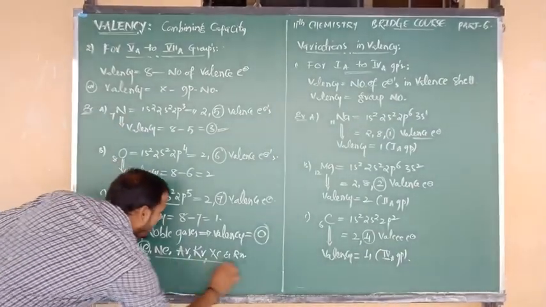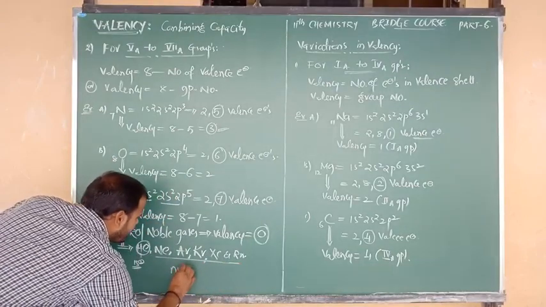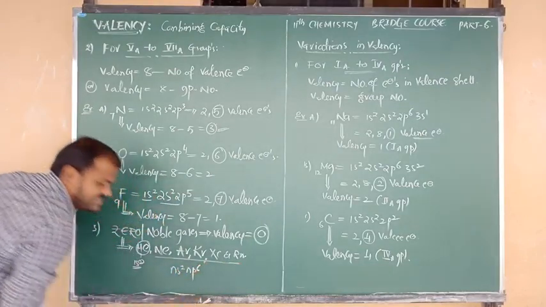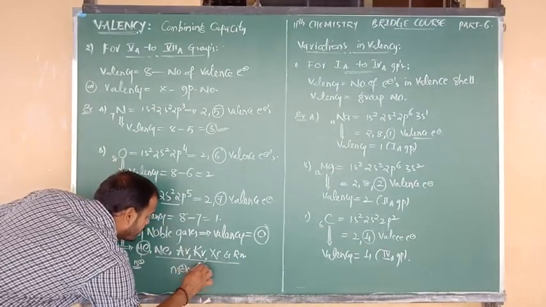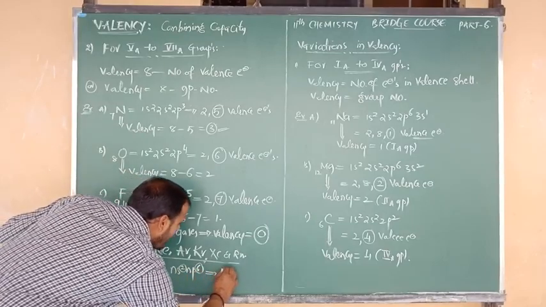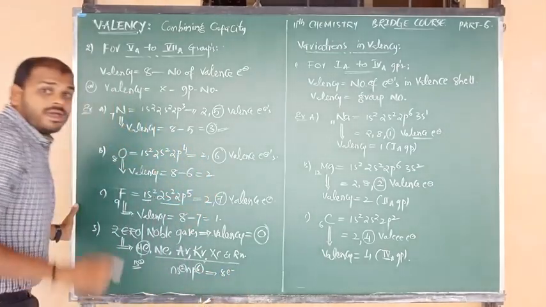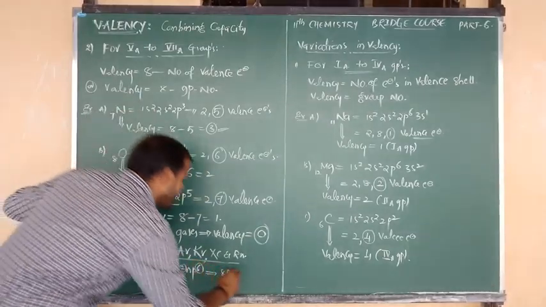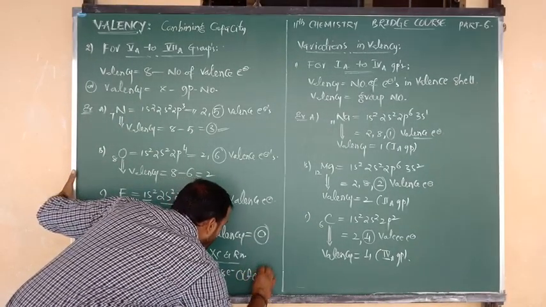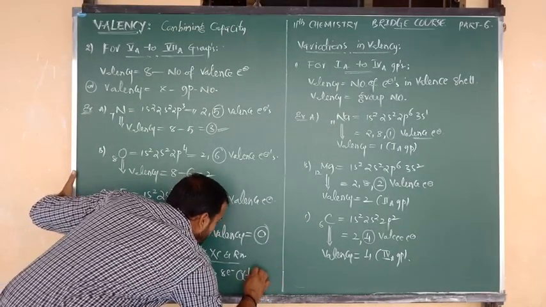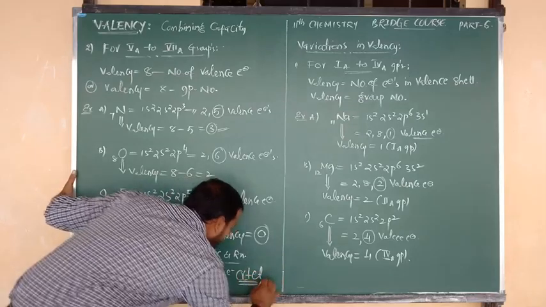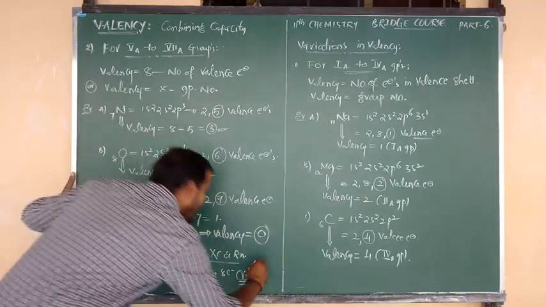And all the remaining noble gases have the configuration ns2np6, meaning in their outermost orbit they have 8 electrons. Such a configuration is called octet configuration. Which configuration? Octet configuration. It is highly stable.